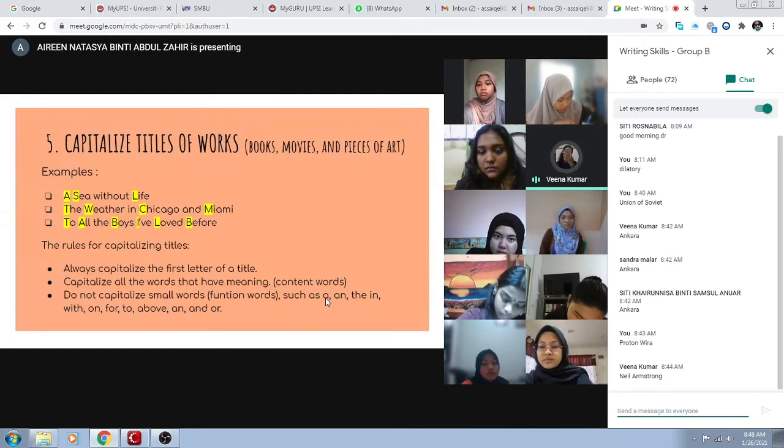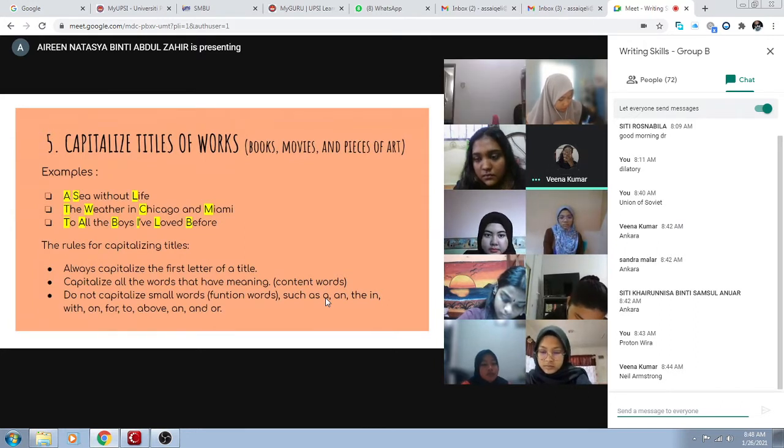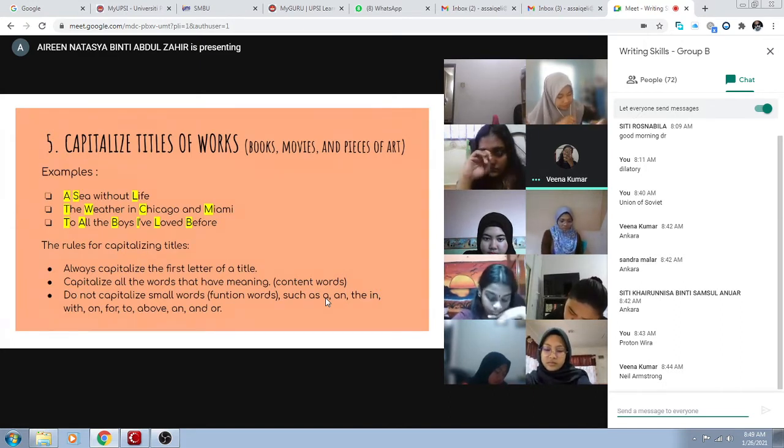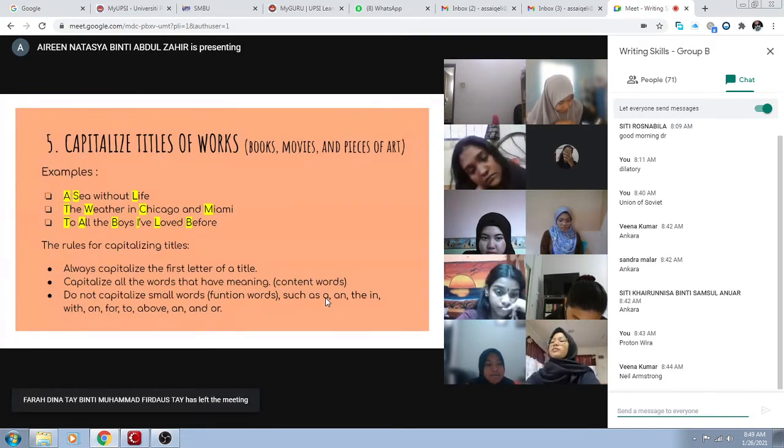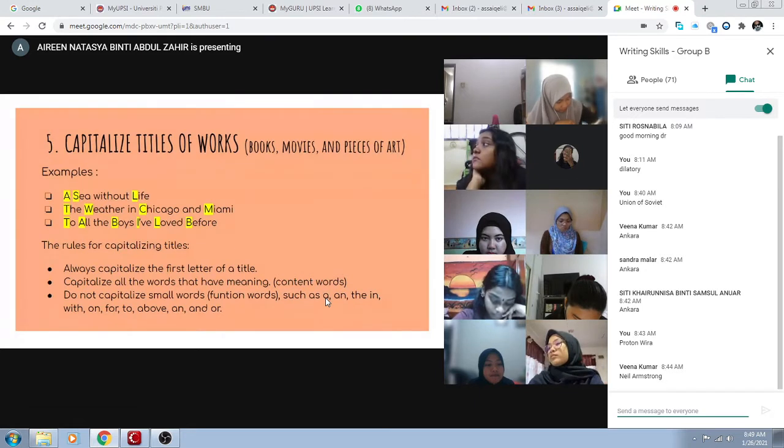No, we don't need to capitalize at and a. So it's just restaurant, R. Do not capitalize function words unless the function word comes at the beginning of a title, because every word at the beginning will be capitalized in a title.